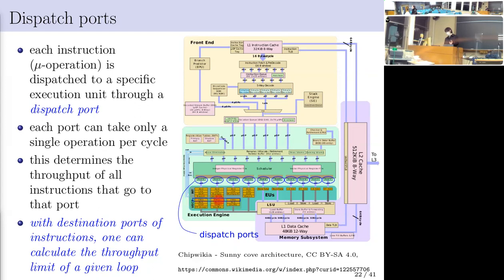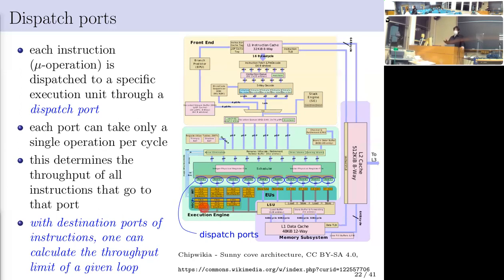So these 2 are combined to execute one 512-bit SIMD operand. And then there's another execution unit that is able to do 512-bit operations by itself. So the maximum throughput is still 2 512-bit SIMD FMAs per cycle.